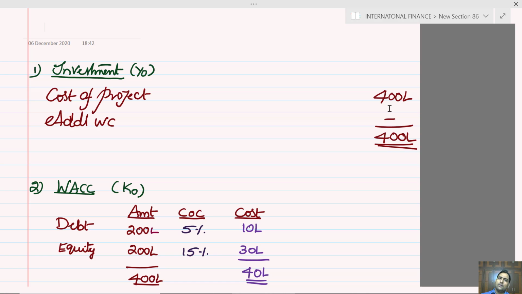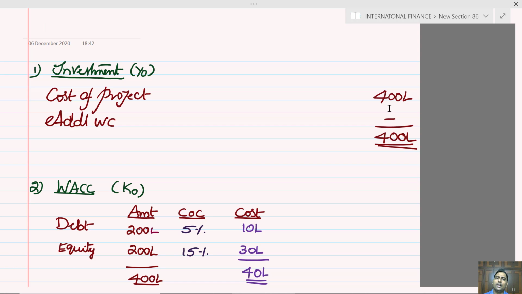Any carriage inwards have to be added. Any subsidy, if you get any subsidy from government of India or any other entity by purchasing this machine, that subsidy has to be deducted. After making all those adjustments, this final investment will be arrived.